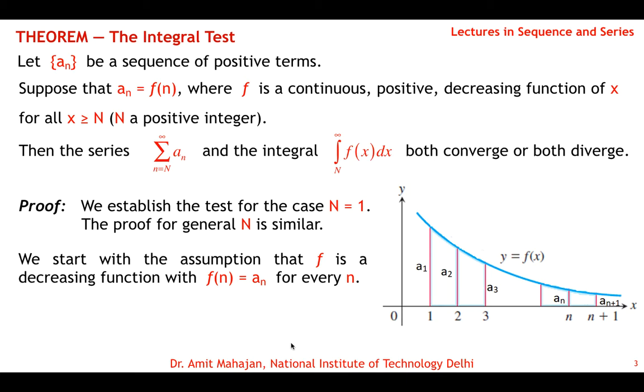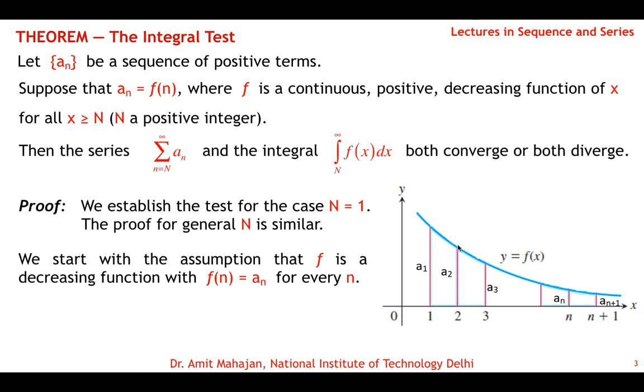Okay, so now we can do two cases here. One is we are going to form rectangles. We can make the rectangle of area a1, because this length is a unit and this height is a1, so I can form a rectangle of area a1 to the right of 1, and area a2 to the right of 2.